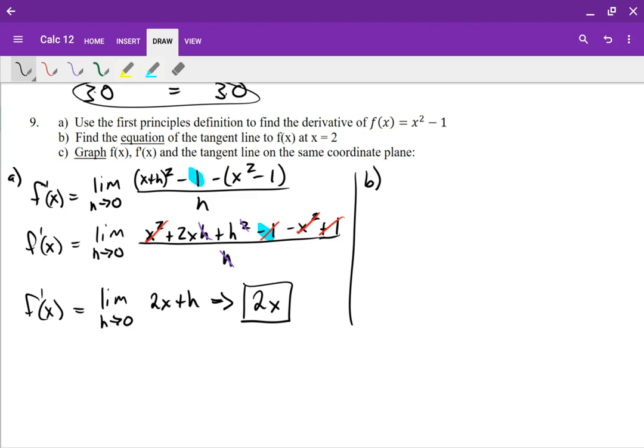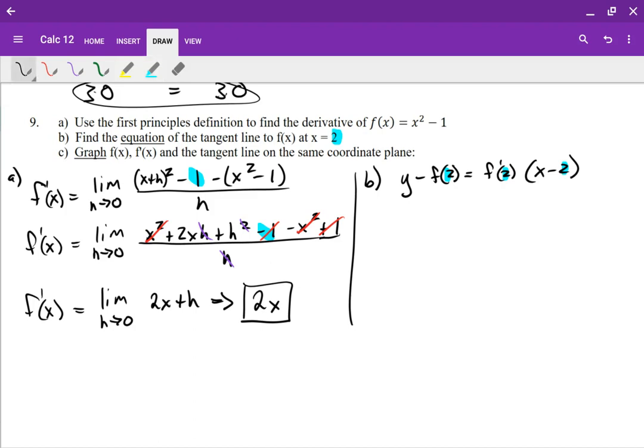For B, if I'd like to find the equation of the tangent line, it's going to be f of 2 minus, sorry, that's not correct. It's y minus f of 2, which equals f prime of 2 times x minus 2. This is the linear formula for a point slope form, and that 2 happens to be the location where we're attempting to find the tangent line.